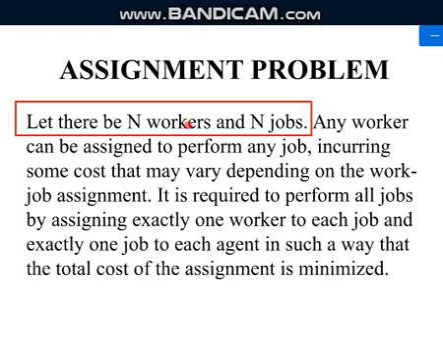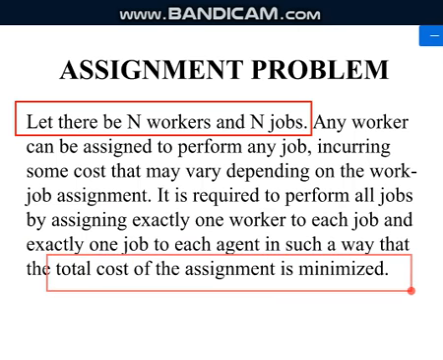See, you have n workers and n jobs, so you have to assign the job to each individual worker in such a way that the cost is low. See, the total cost of assignment is minimized. This is the problem. Now let us see what are the different possible solutions we have for this problem. This is the given condition and you have to get the least cost.